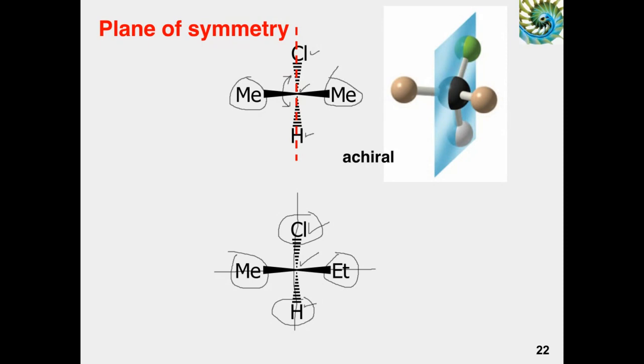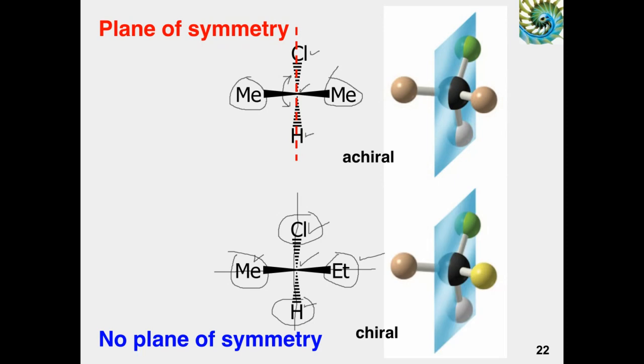Again, these are the two possible planes because each one contains three atoms. A plane is defined by three atoms. Because there is no plane of symmetry or any other element of symmetry, we can say that this molecule is a chiral molecule.